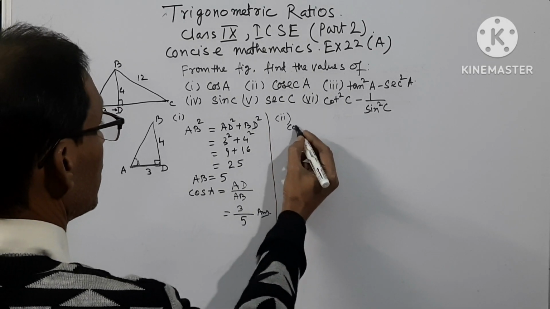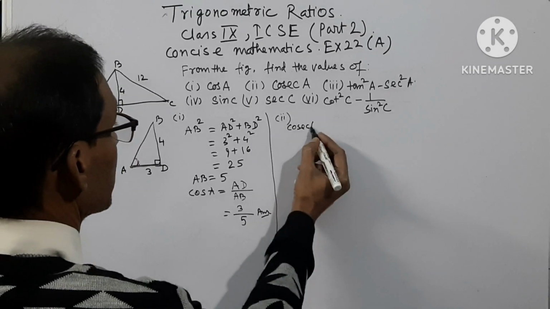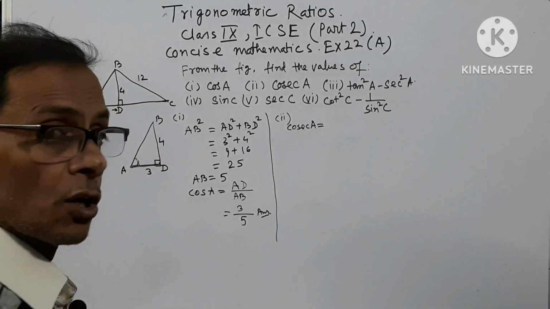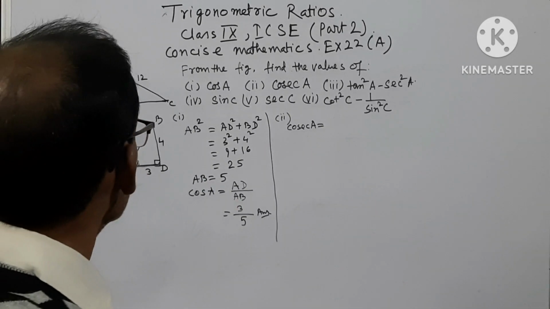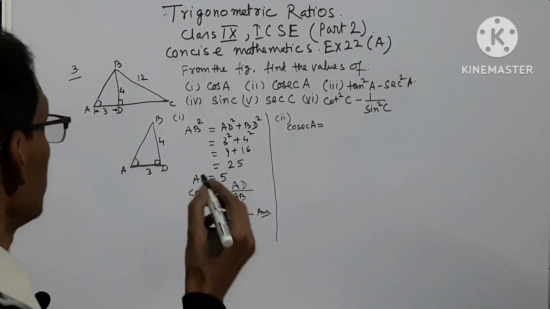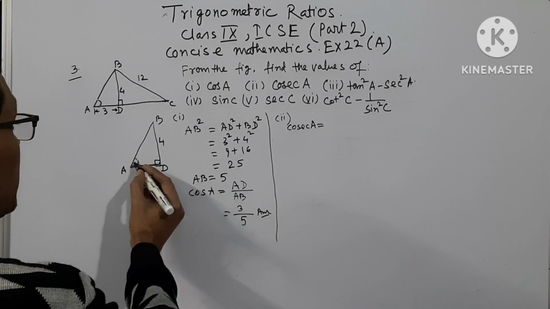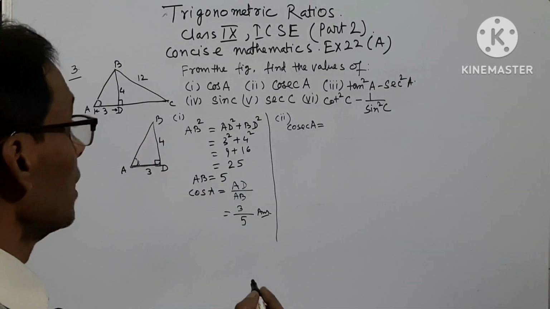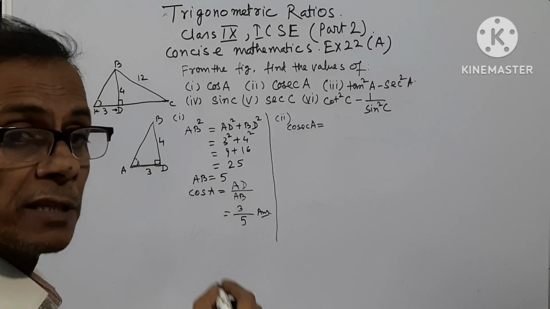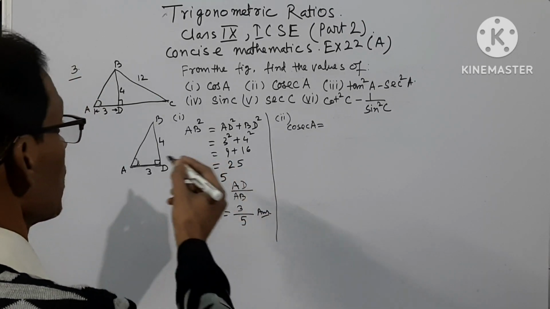Second one. Now cosec A. If you forgot the ratio of the sides for cosec A, then you might have remembered that sine A equals perpendicular by hypotenuse, and cosec is just the reciprocal of sine.